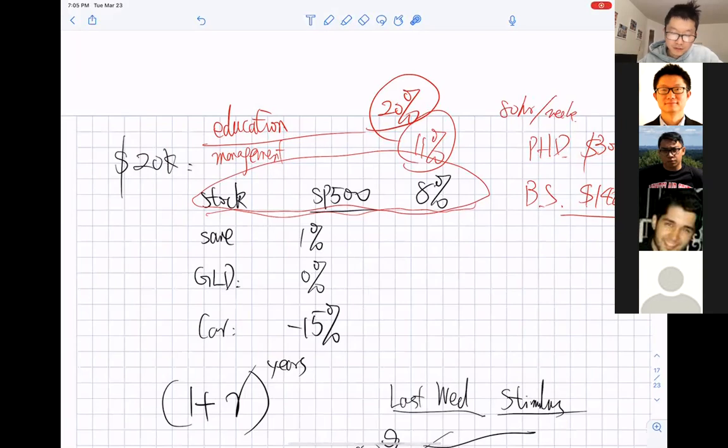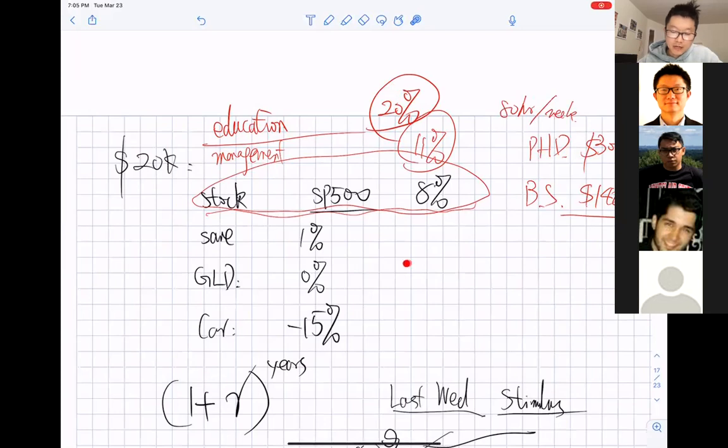But in a PhD, you keep getting in touch with new knowledge. You keep refreshing yourself. So in my point of view, if you still want to stay in school, just go for it. It's totally worthwhile.